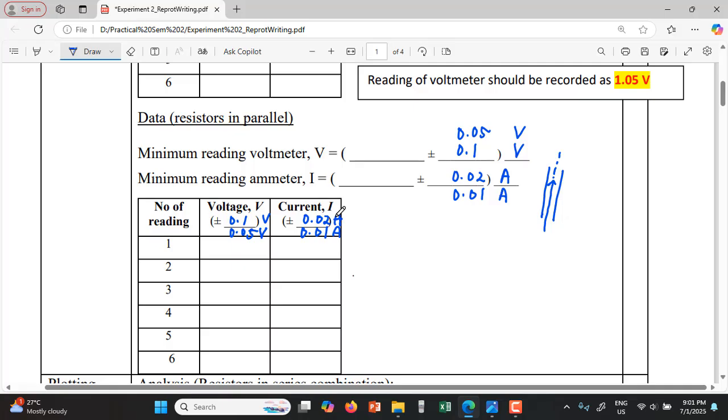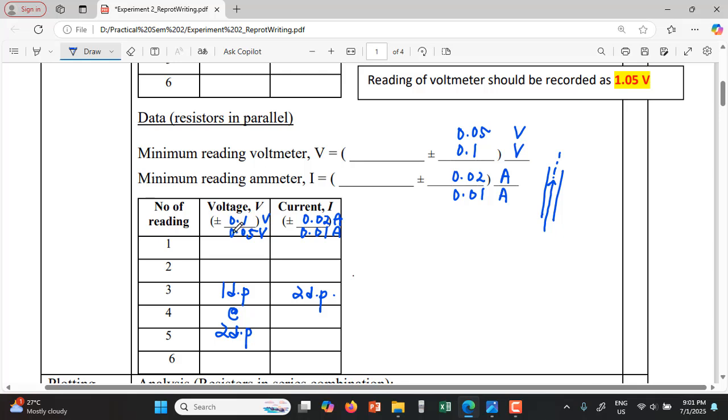So pastikan all the readings you recorded for value of current should be up to 2 decimal places. Okay, dan untuk voltage sama ada 1 decimal place ataupun 2 decimal places. Kalau uncertainty you record kepada 0.1 volt, 1 decimal place, so all your data will be in 1 decimal place.